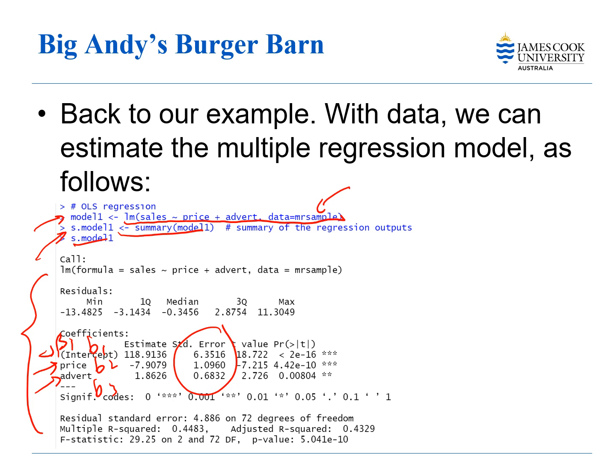We estimate them and call them standard errors. That's this column. This column is the t-value, which is equal to the point estimate divided by the standard error. For example, 18.722 is equal to 118.9136 divided by 6.3516. So we can use this to do hypothesis testing.